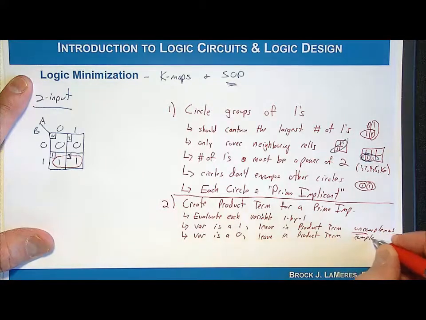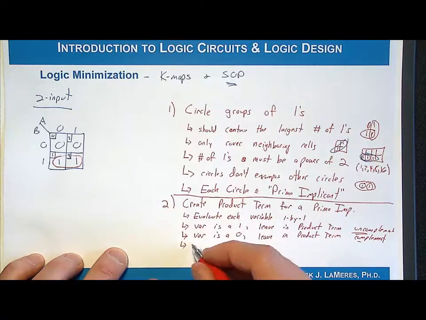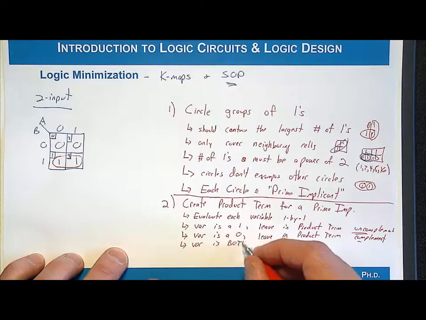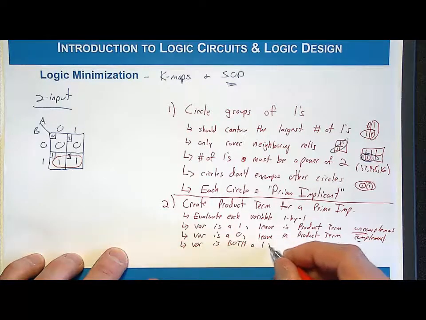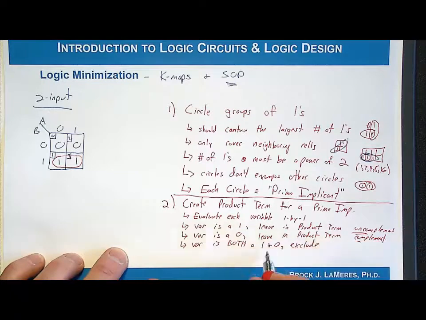And this will look very similar to when we were creating the sum of products in the canonical form. We've really not done anything until we get to this step right here, where if the variable is both a 1 and 0, exclude it. So we finally have gotten to a situation where we can exclude the variable from the product term.